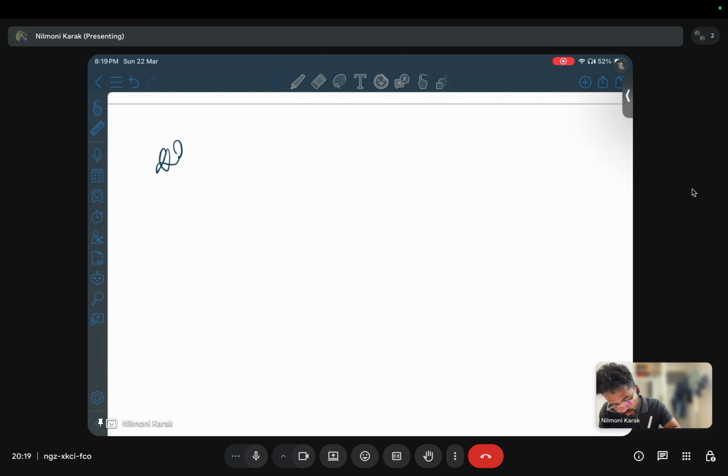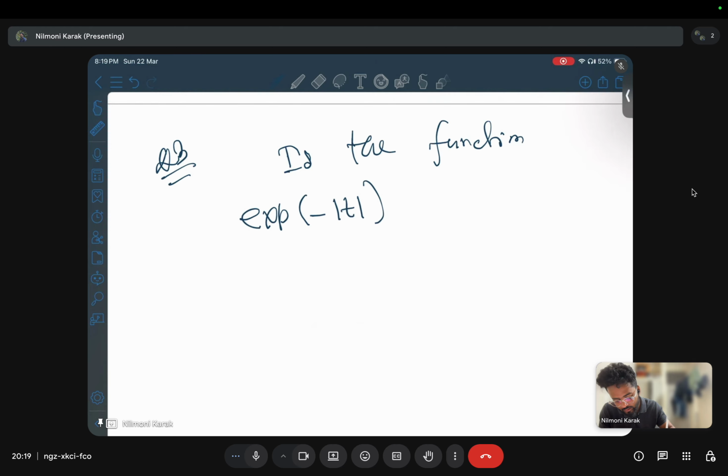Now question 3: is the function e to the power minus mod t almost periodic?